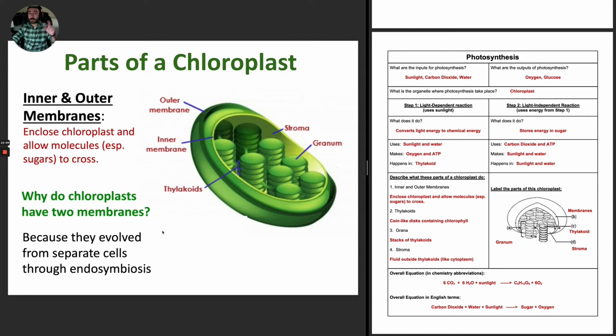Hopefully you remember that chloroplasts and mitochondria are the two organelles that we believe are evidence of a theory called endosymbiosis, which is the theory that those got absorbed or engulfed by other cells for those to become organelles, which is where eukaryotes, we believe, came from. So those are the membranes.